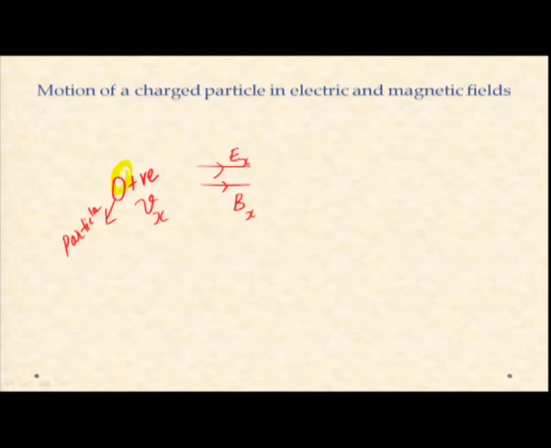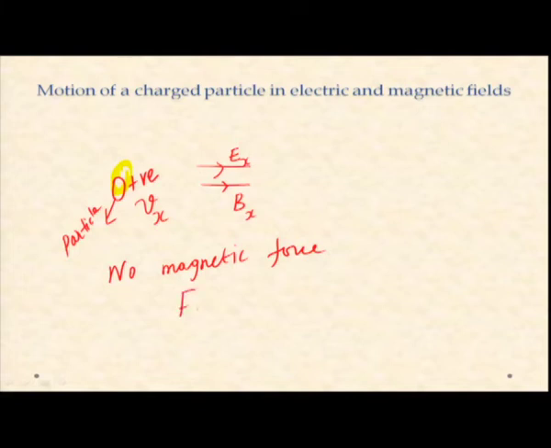Now there is no magnetic force because the motion of the charged particle and the direction of the magnetic field are in the same direction. So the magnetic force is 0.